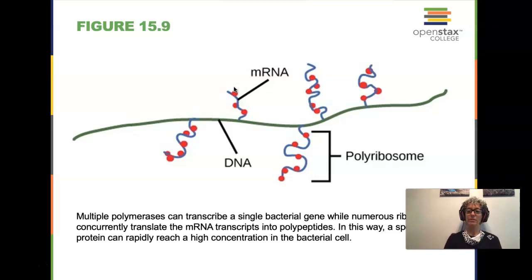This cannot happen in eukaryotes, first because the RNA has to be processed so that only the exons are sealed together, and then that processed RNA has to exit the nucleus, and then it can be translated. There is no nucleus with a prokaryote. There are no introns and exons. There's only coding DNA. So as soon as we get RNA transcribed, the ribosomes can begin to translate.